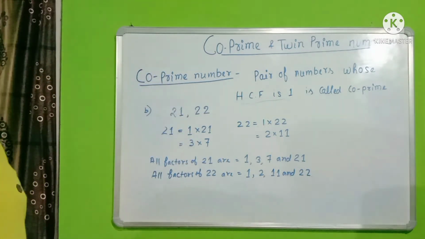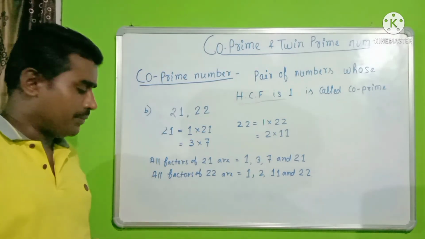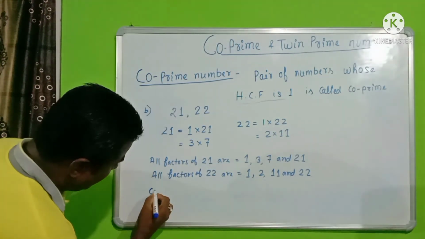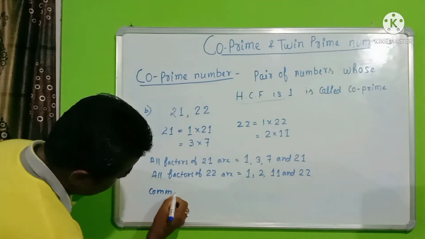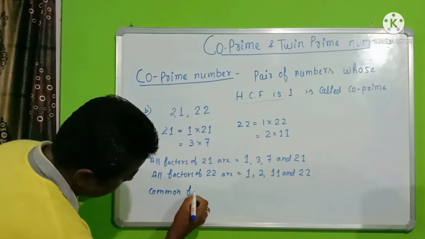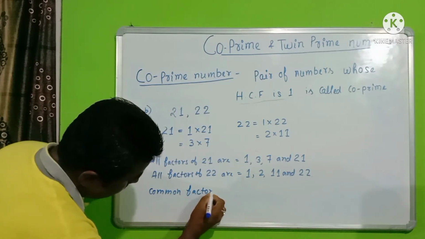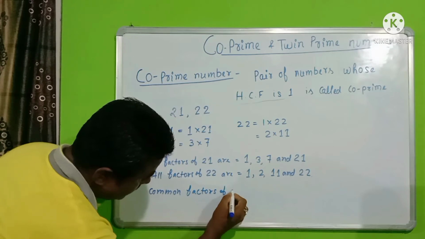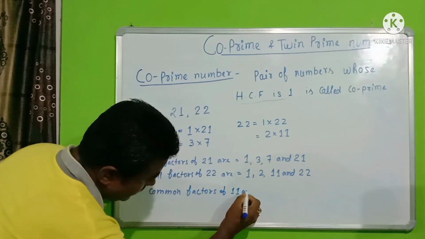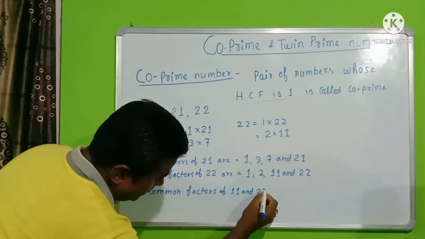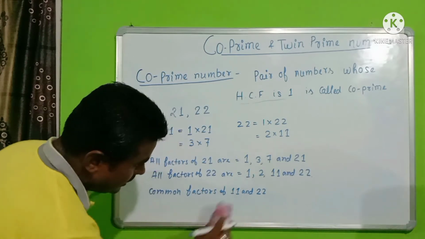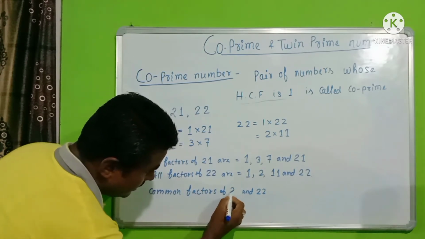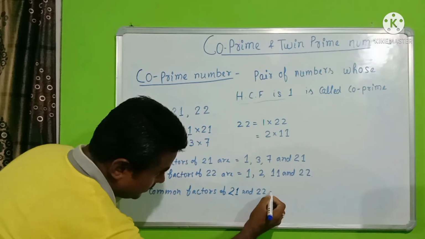Okay. Now what we do? We find common factors of 21 and 22.